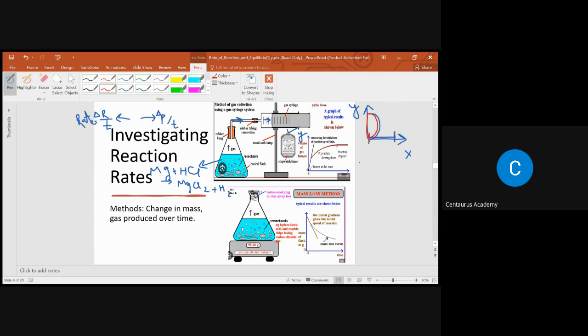Then you see that as the time progresses, the volume of the gas produced is marked by this curve. When you investigate the rate of reactions by looking into this graph, let me just zoom it in.